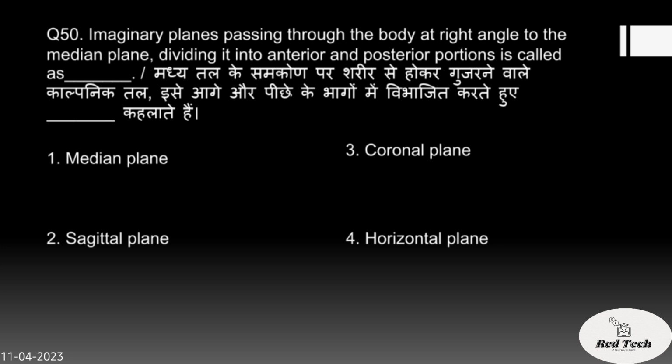An imaginary plane passing through the body at a right angle to the median plane, dividing it into anterior and posterior portions, is called. So what imaginary plane is at a right angle to the median plane?